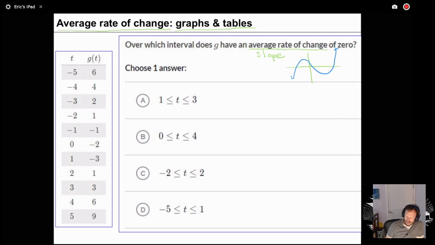And let's consider the average rate of change from the salmon point to the green point. As I'm looking at the blue curve traveling from the salmon point to the green point, I notice that the curve is going down first.